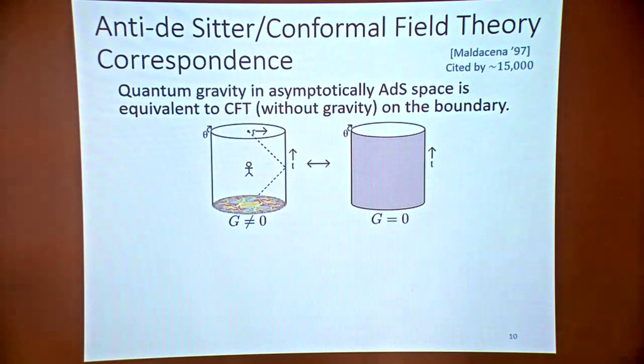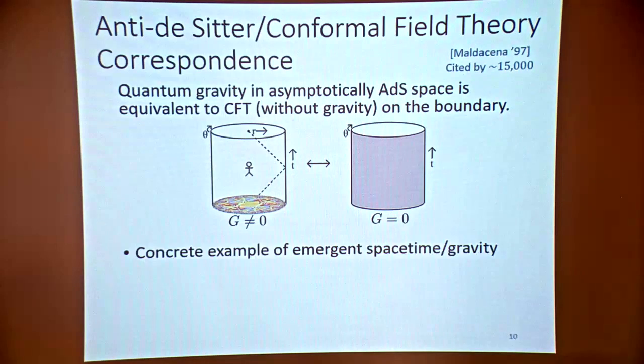Such a conformal field theory turns out to be exactly dual to quantum gravity in AdS space. This is a concrete example where something amazing happens, that space-time and gravity emerge from a non-gravitational system, in this case, the conformal field theory on the boundary.